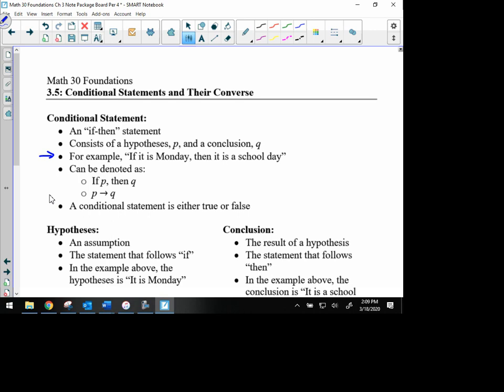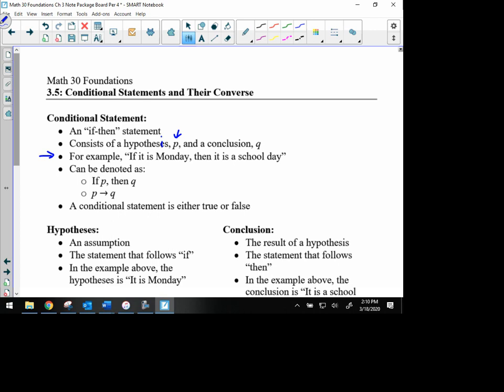So the way that we call these, we're just using some abbreviations or symbols for these here. We have our hypothesis, and this is a typo here, there should be an I there, and a conclusion.